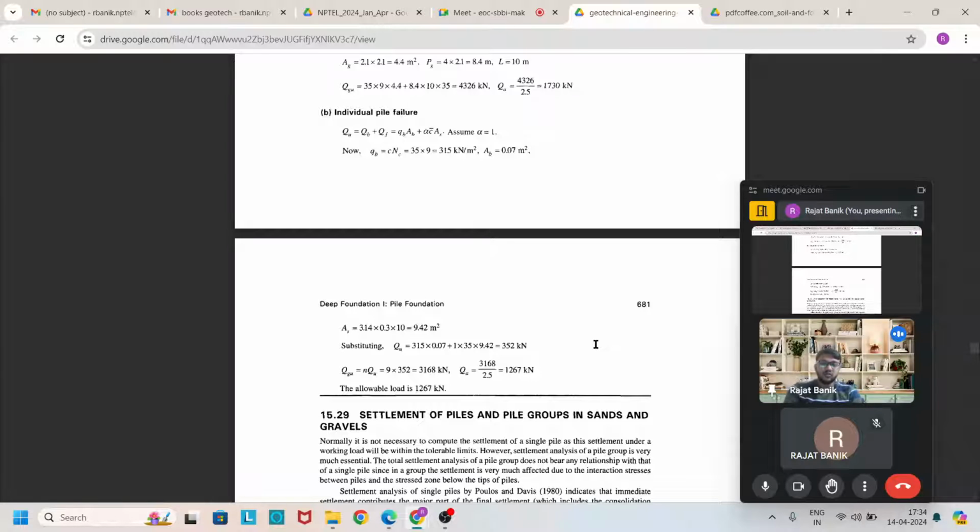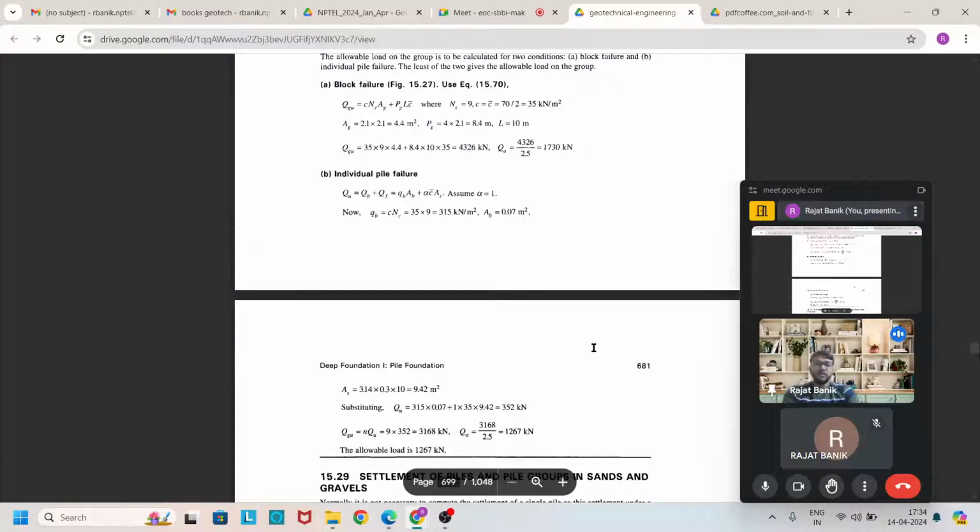So the answer is 1267 kilonewton. From the above, we see that the minimum value is given by the individual pile. So the capacity of this pile group is 1267 kilonewton.